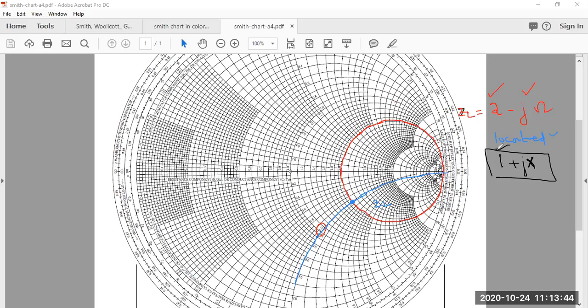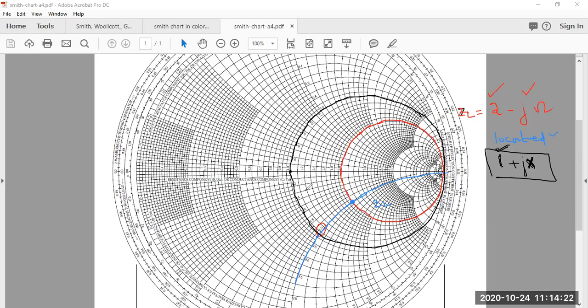The resistive circle is constant at 1, but the reactive part x can change. So where is the resistive circle for a value of 1? This is the circle, where 1 is written. As I move along it, x is changing. You can easily identify this whole circle on your Smith chart.